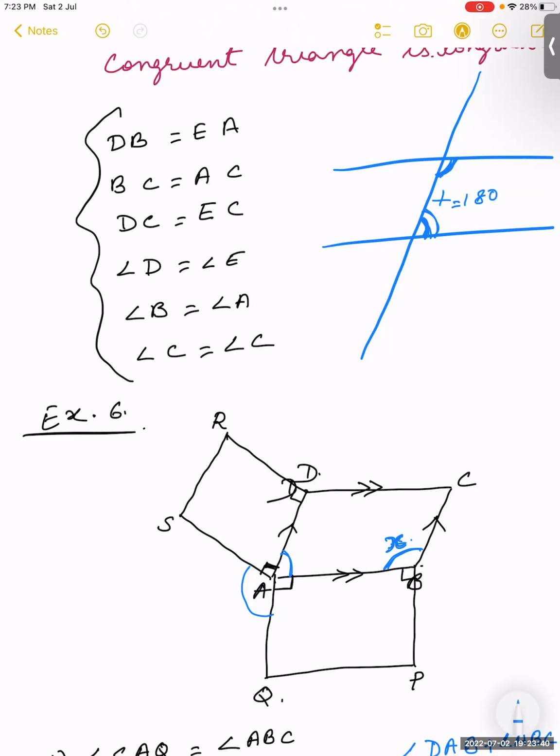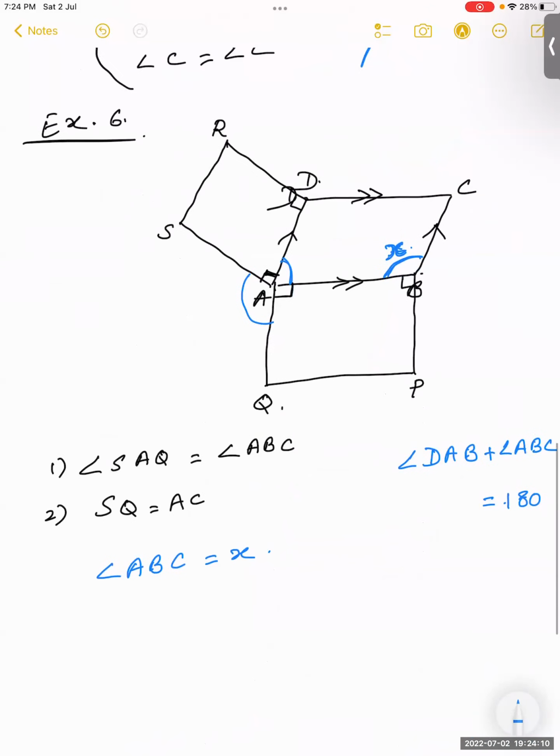That is called supplementary. Understood? Just that in a parallelogram, when you sum up adjacent angles, they have to be supplementary. Supplementary means 180 degrees.